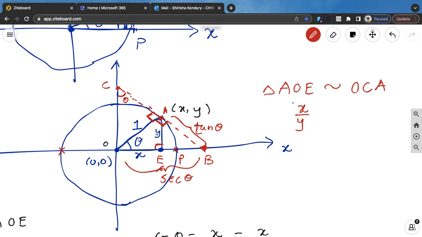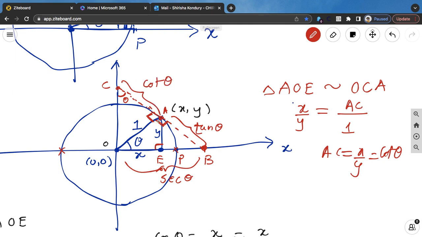In the big triangle also, can I look at adjacent upon opposite? Adjacent is AC and opposite is 1. So AC is x by y. That means AC is cotangent theta. So this side of the triangle is representing cotangent theta.